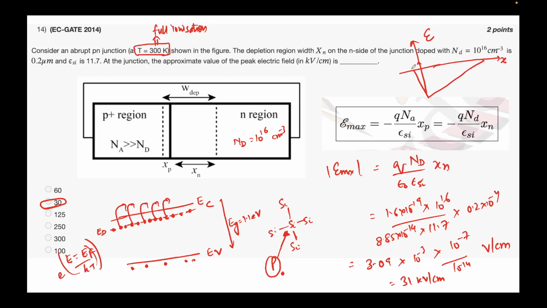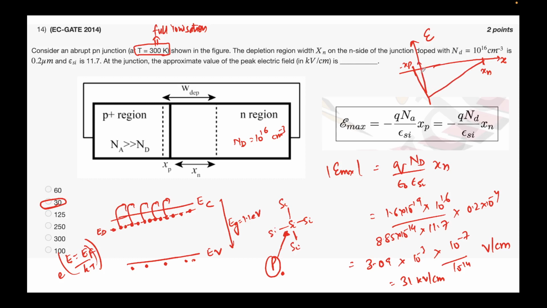This is your p side, so this will be your minus xp, this is your xn. The area of this triangle, it doesn't look like a triangle but believe me it's a right angle triangle, on the left and the triangle on the right are exactly equal due to charge neutrality. But you can see that the slope is much more gradual here, and very steep here. Again, that has to do with the doping.